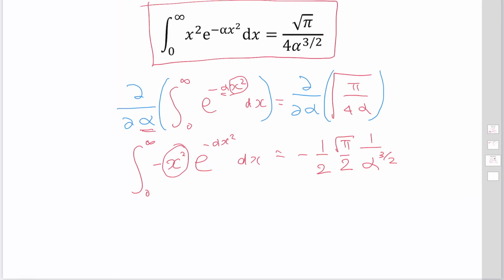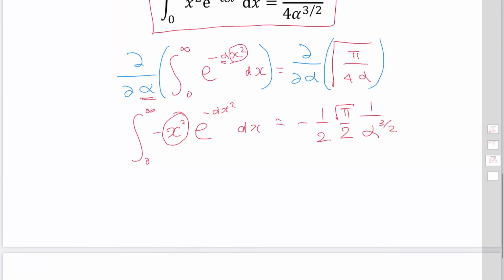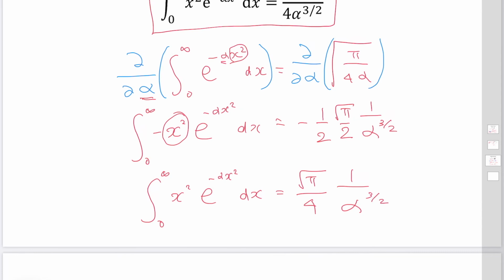The negative sign becomes positive, so finally the integral of x squared exponential minus alpha x squared dx becomes square root pi over 4 times 1 over alpha to the 3 over 2. So we could prove this formula.